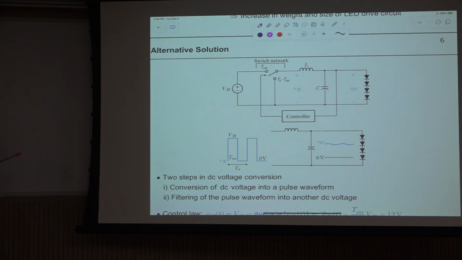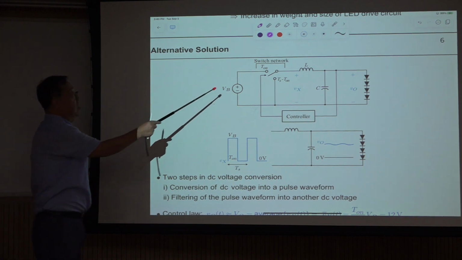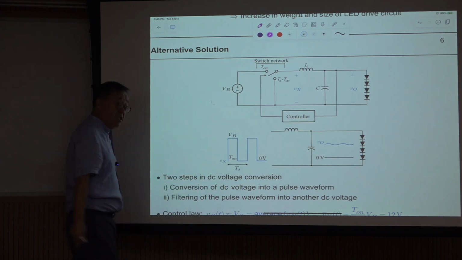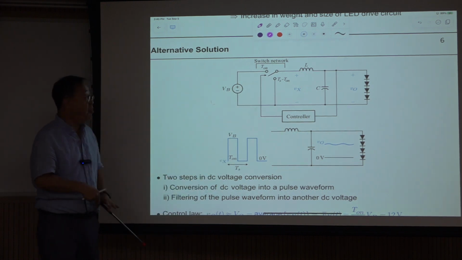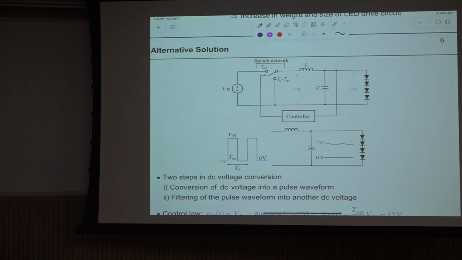This part is called an SPDT switch, single pole double throw switch.